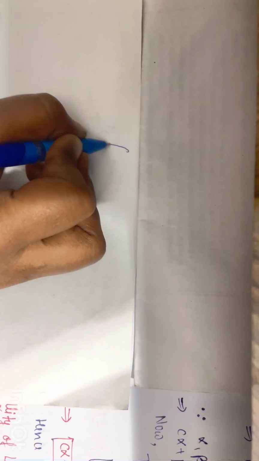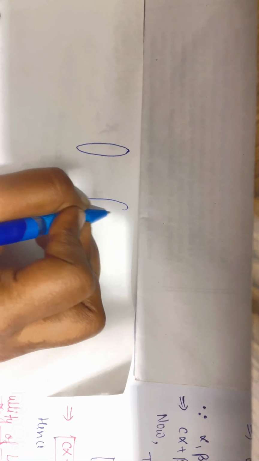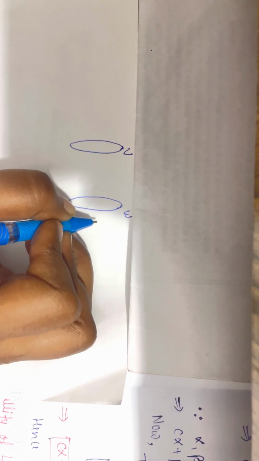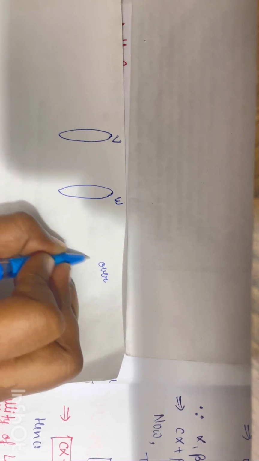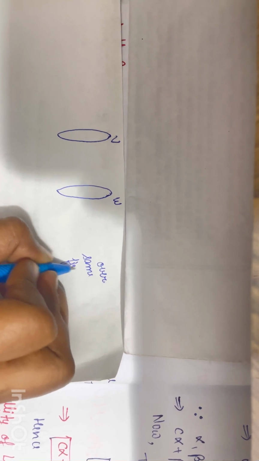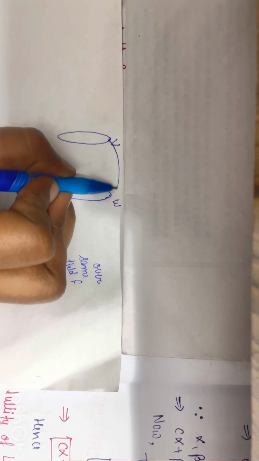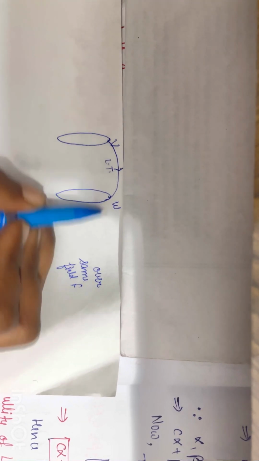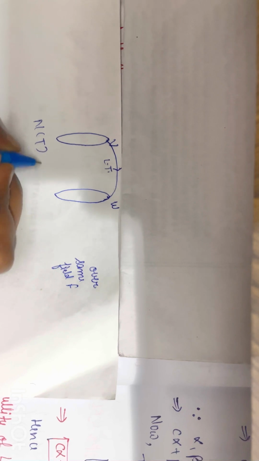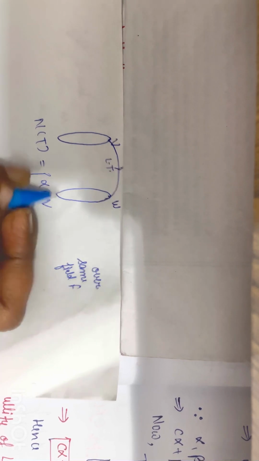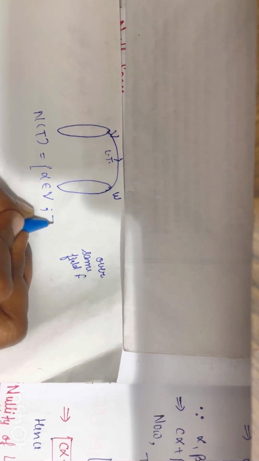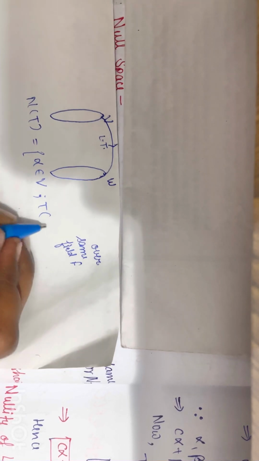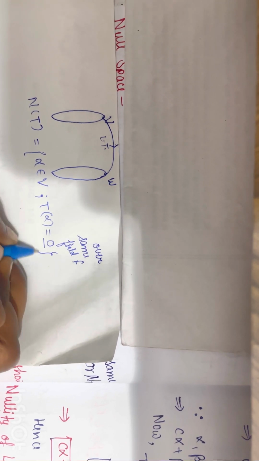That means, given V and W are two vector spaces, remember, over the same field F, and here LT, the mapping is a linear transformation mapping from V to W. So the null space of T will contain those elements of V whose linear transformation image will give the 0 vector of W. I hope it is clear what the null space of T is.